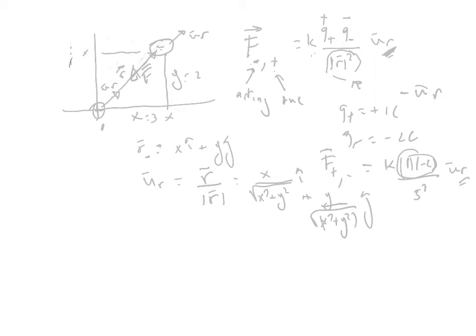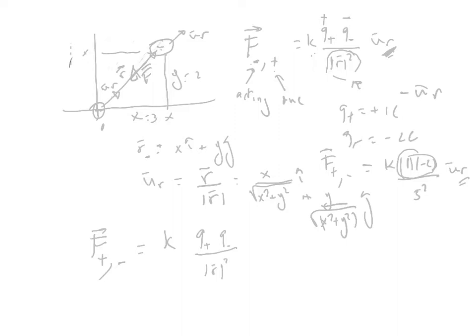What does Coulomb's law say about the force acting on the positive charge due to the negative charge? What do you think it says? It says K, Q positive will be positive, Q negative will be negative, and the product will be negative, divided by the magnitude of R squared, the magnitude that separates both charges.